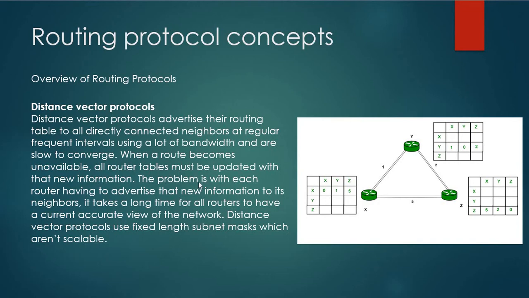When a router becomes available, all router tables must be updated with new information. So the limitation of the distance vector protocol is that at a regular frequency interval, maybe milliseconds, or 30 seconds, or 90 seconds, at each and every interval of time, routers share their routing tables.